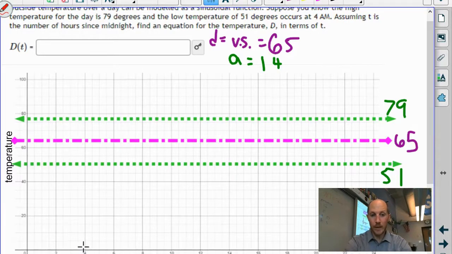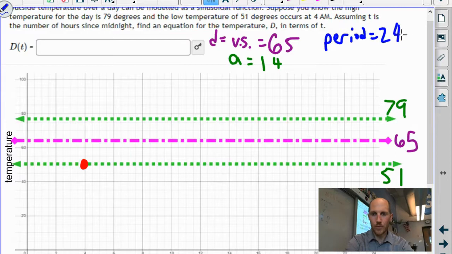So at 4 a.m., that's 4 hours after midnight. That's the minimum. And then the next minimum would happen 24 hours later at 4 a.m. the next day, which will not fit on my graph, but I do know that a day has 24 hours. So the period is 24 hours.